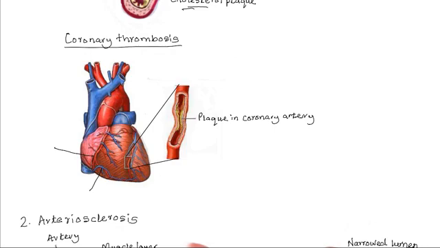So the coronary artery supplies blood and therefore nutrients to the cardiac muscle cells. When a plaque is formed on the walls of the coronary artery, this causes blockage.